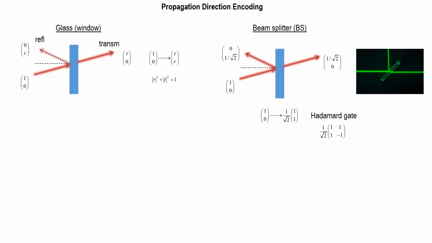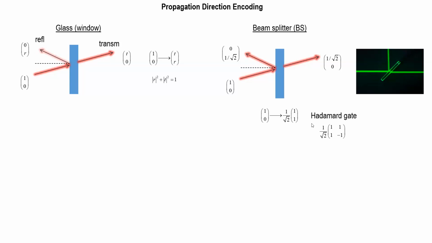It splits the beam of light, so that, for example, in the input we have this vector (1, 0), and in the output we have (1/√2, 0) in transmission and (0, 1/√2) in reflection. So the total state of one single photon after interaction with this beam splitter is 1/√2 times the vector (1, 1).